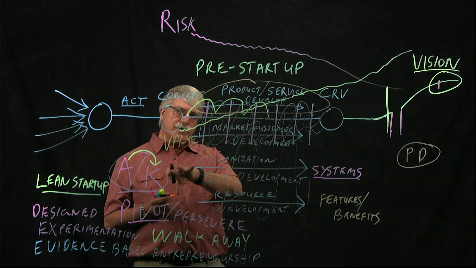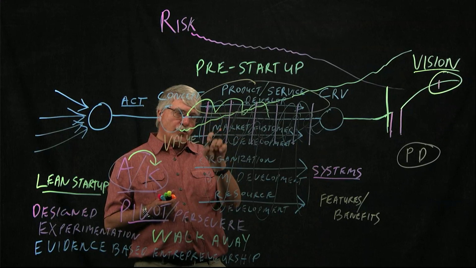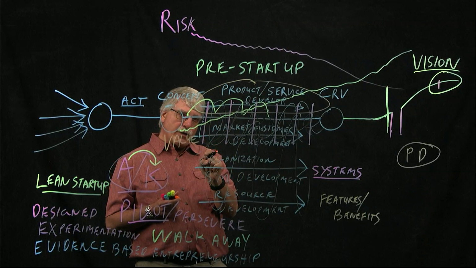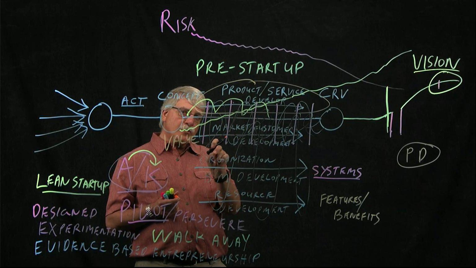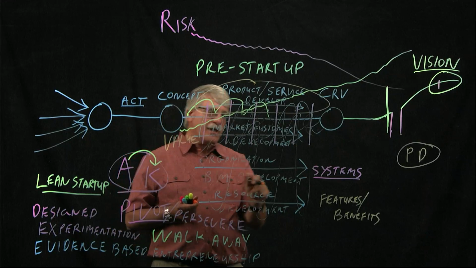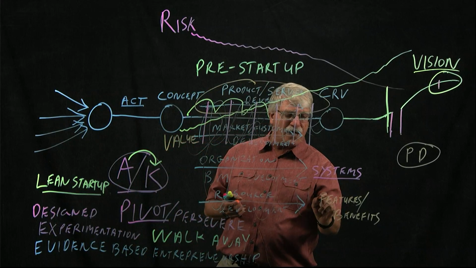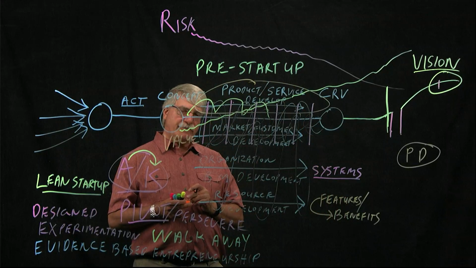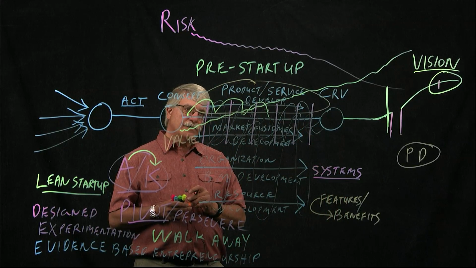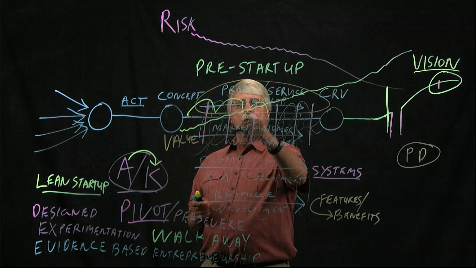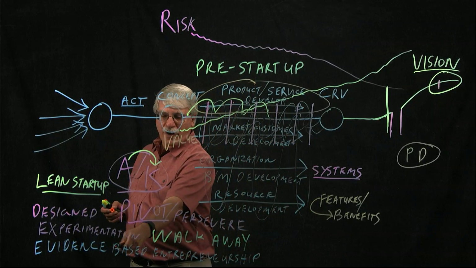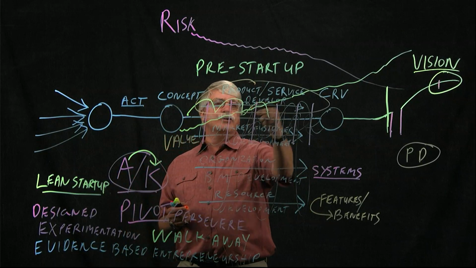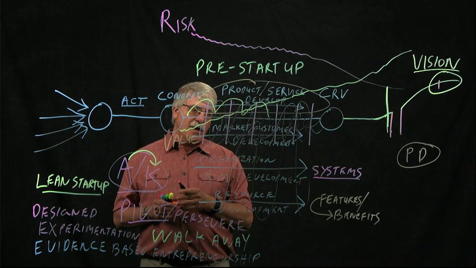When you're in product development mode, you put certain features into a product because each feature is designed to elicit a specific benefit. So this is where market-based feedback, evidence-based entrepreneurship, comes into play.